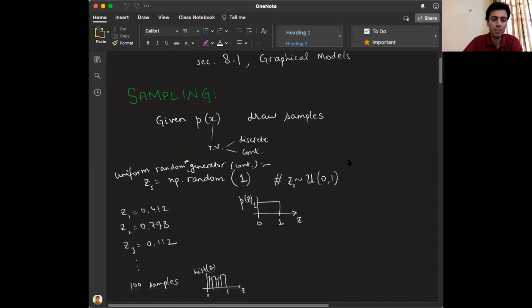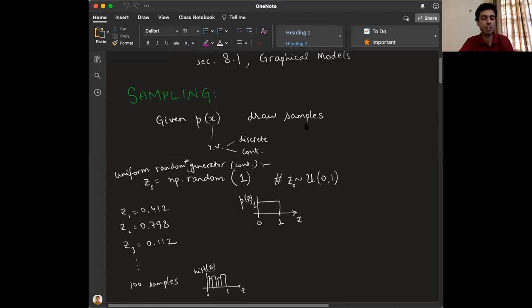What is the utility? Utility is generating random data to, let us say, find various statistics, mean, variance, etc., or just finding out how the data looks like. Or it could be more interesting things like generating new images, right?